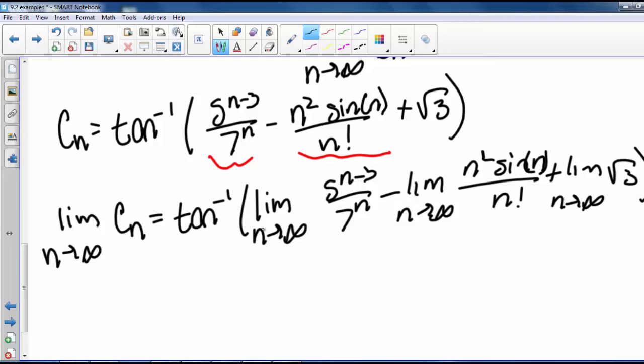And we can rewrite this, bringing our limits inside, because our inverse tangent is continuous on our domain, and we know that each of these limits exists.